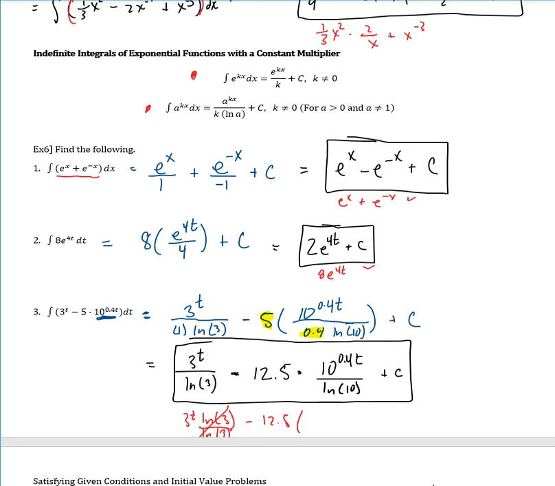And then doing this derivative, this would require the chain rule, but it is the exponential function, again, already attached, times the natural log of 10, which would divide with that other natural log of 10. So those would just cancel. And then times the derivative of the power, so times 0.4. And 0.4 times 12.5 will be 5. So it will all work out. And it is the same as what we started with. Okay, so that means we did it correctly.